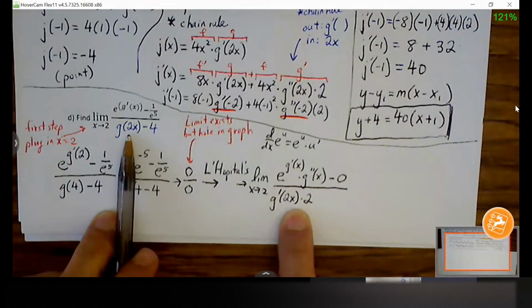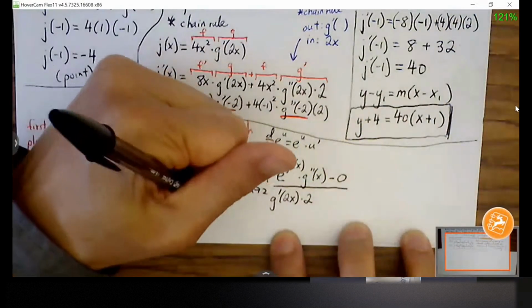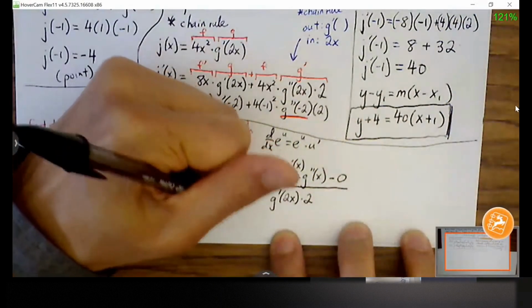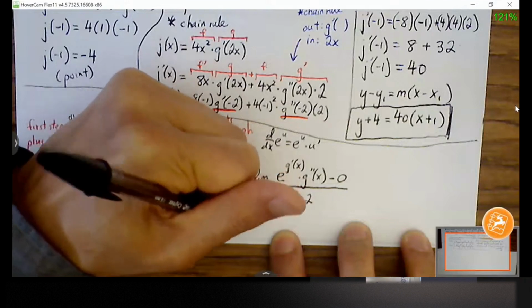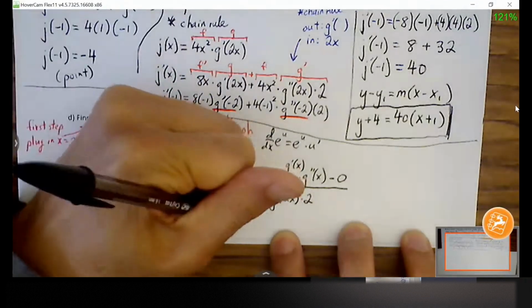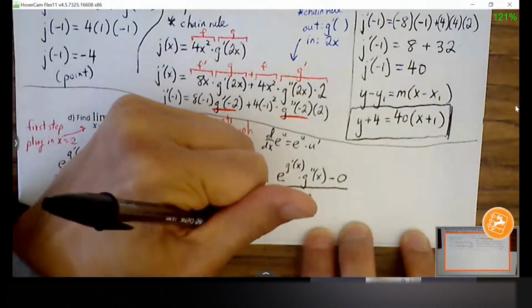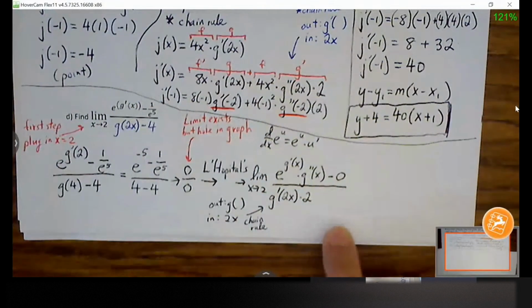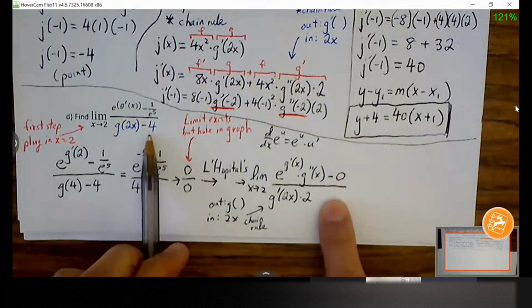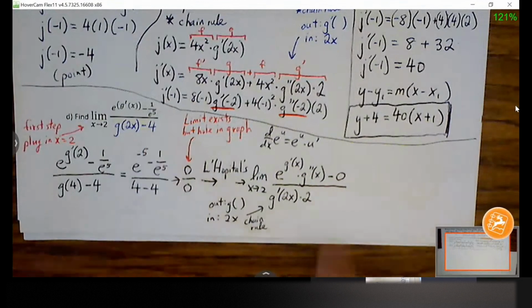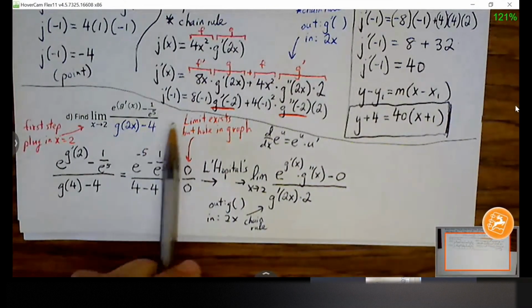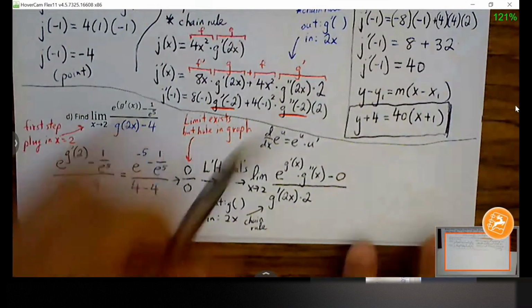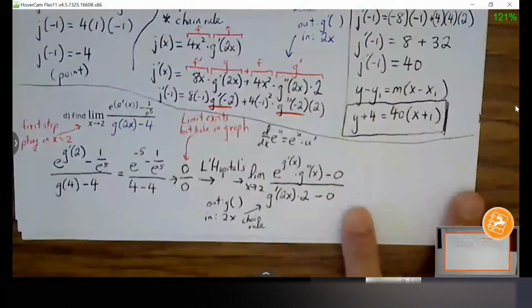We do the outside's derivative times the inside's derivative. My outside is g parentheses and my inside is the 2x. Chain rule. All right. What about the 4? It becomes 0.